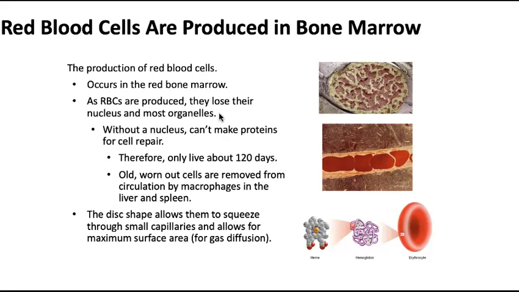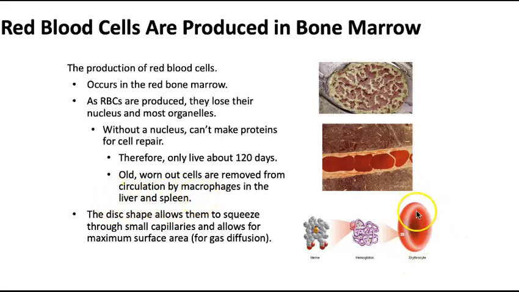Without that nucleus, though, they can't make proteins for cell repair, so they only live about 120 days. The old worn out cells will be removed from circulation through macrophages. Remember, we talked about those white blood cells called monocytes, and when they travel into the tissues, we call them macrophages. So the tissues we're referring to here are within the liver and the spleen.